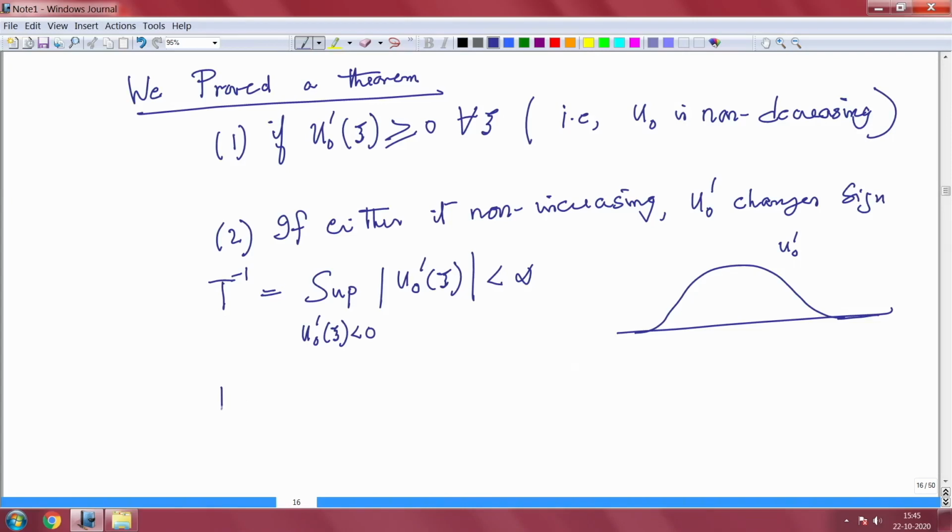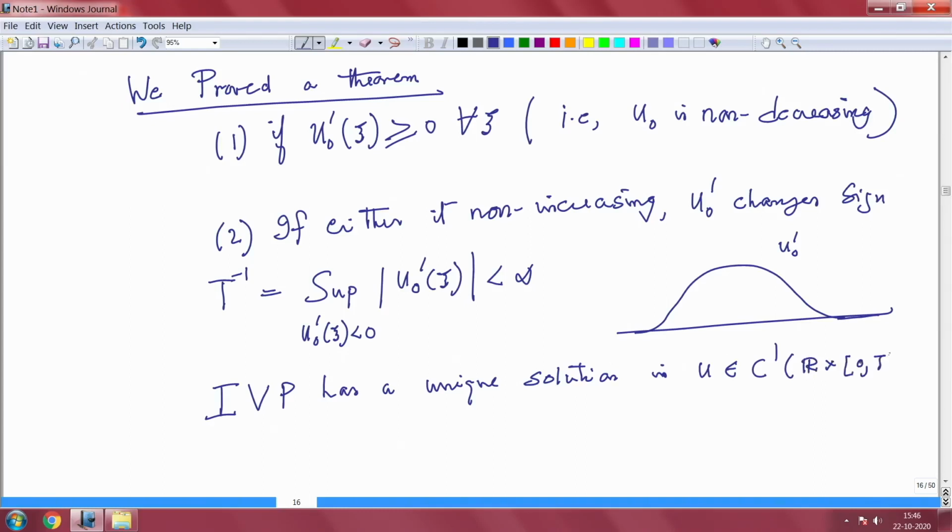Then the initial value problem for this case has a unique solution in u in C1 of R up to t. After that it will have some 0 to t, by that time it starts.